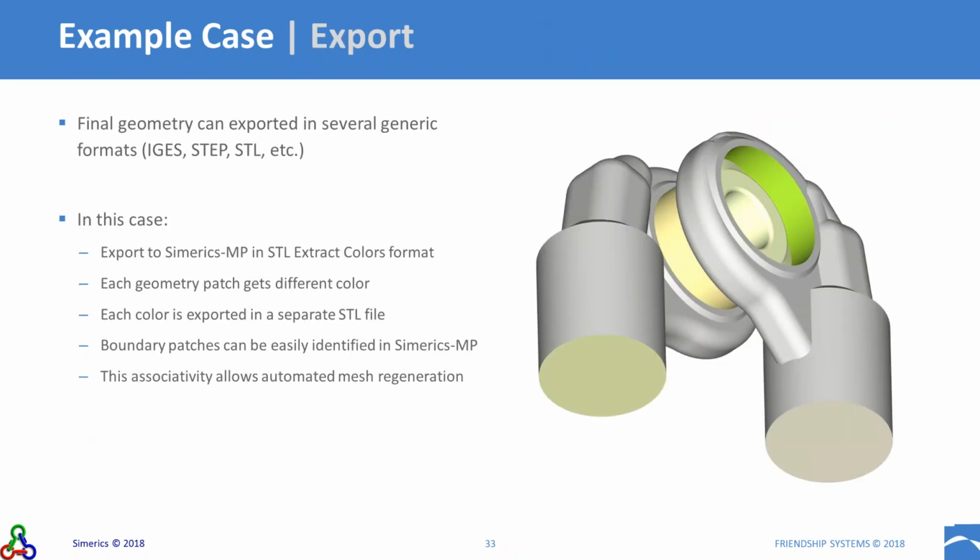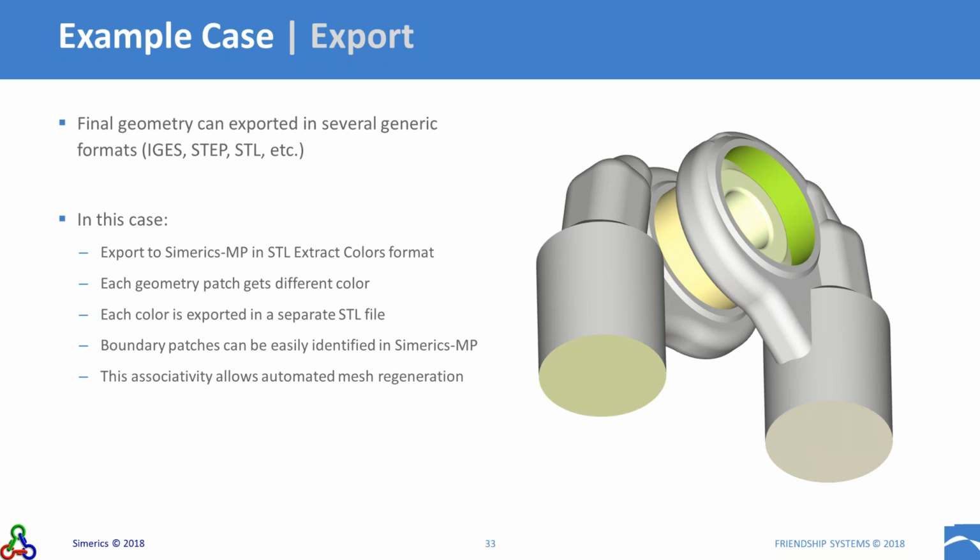And of course, once we have our geometry parametrization or variation set up, the next step is the export, so that we can use the geometry in our flow solver. We can export it in many different formats and configurations.